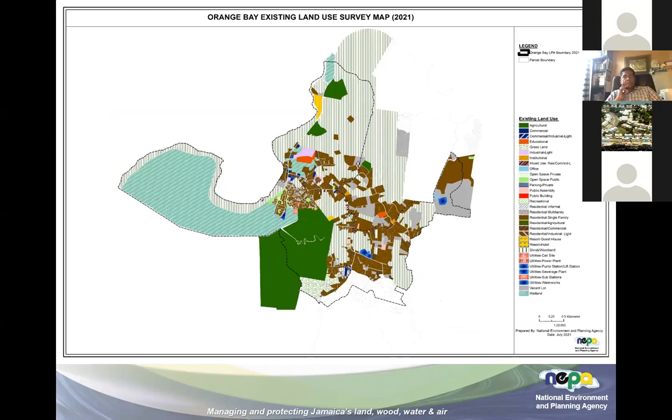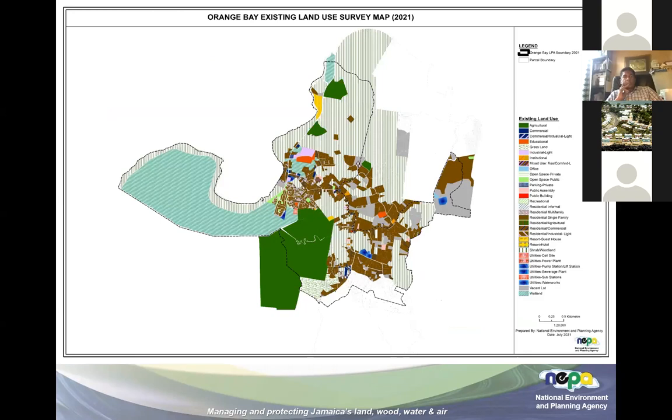With respect to Orange Bay, this is the Orange Bay existing land use map, similarly indicating the uses as they exist on ground up to December 2021. Again, we're seeing a good portion of the area being dominated by dense vegetation.